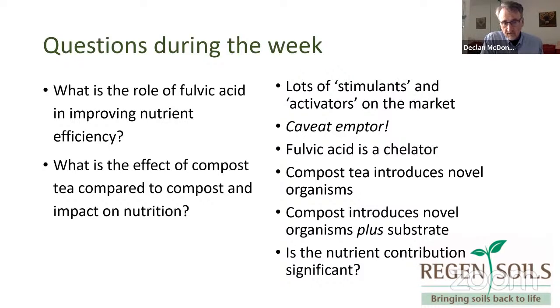Another point about compost tea is it does introduce novel organisms, but like I say, if there's no niche for those in the soil, they'll just get gobbled up. But compost introduces novel organisms plus substrate. So it introduces a lot of energy, a lot of food into the soil. So even if the novel organisms get munched up, the native organisms are going to get stuck into the compost as a valuable energy source.